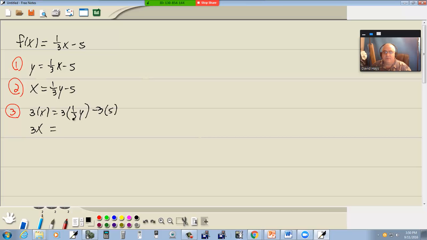Here the 3's cancel. I get 1y or y, minus 3 times 5 is 15. Take 15 over, and it becomes positive 15. And then step 4, replace y with our inverse notation. So we'll have the inverse of f is equal to 3x plus 15.